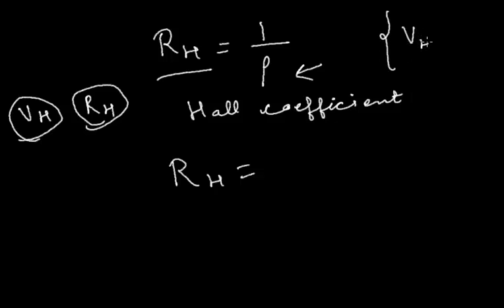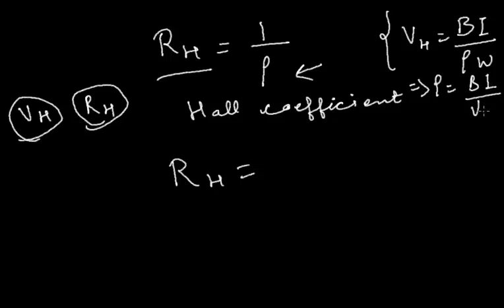VH is equal to BI divided by rho W. So from here we can say that rho is equal to BI by VH W, and because it is 1 by rho here, we need to invert the value, so VH times W by BI.